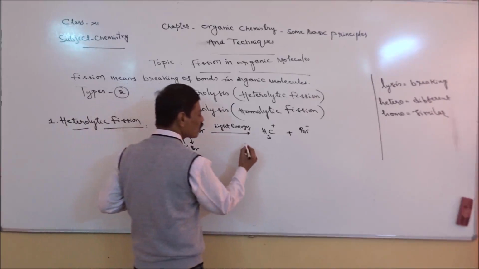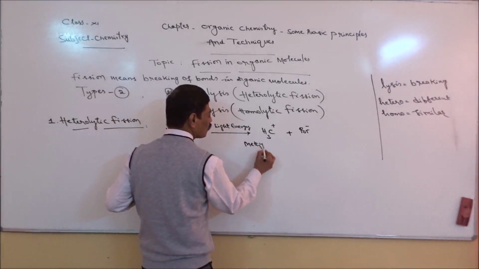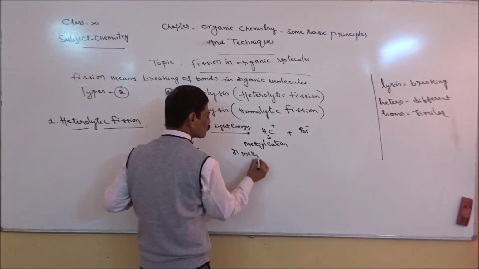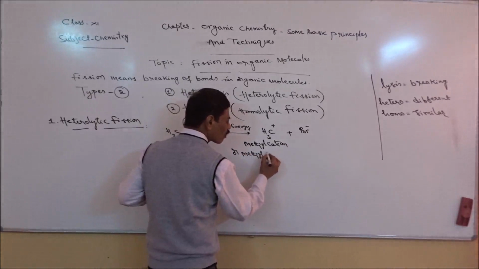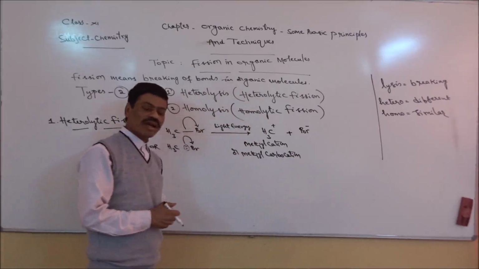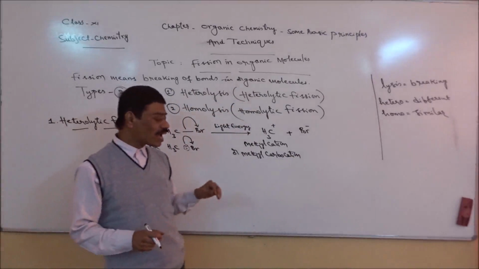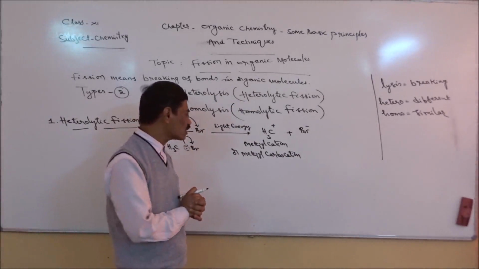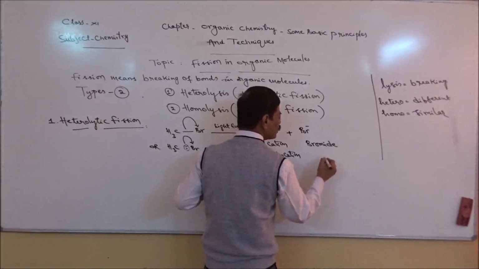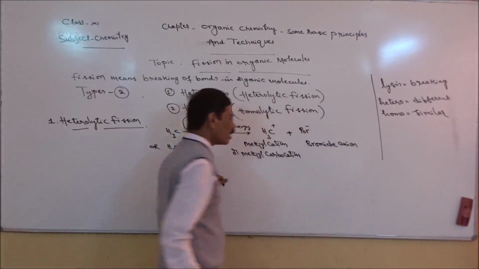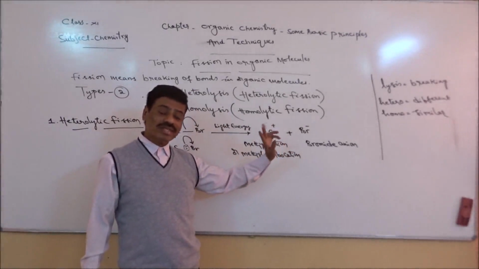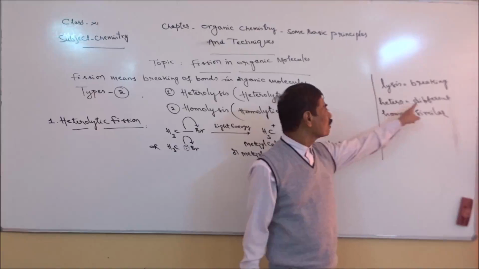Now this is known as methyl cation or methyl carbocation. Carbocation refers to the carbon atom of that particle which has positive charge. Right? And this is bromide anion. So we have got two particles with two different charges. That is what hetero means.